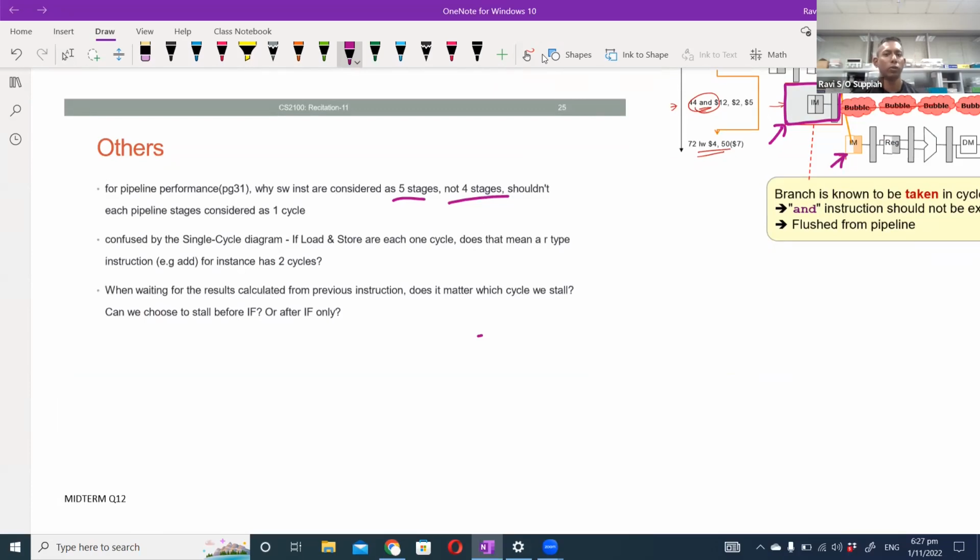That is why we have to consider all 5 stages. Even if your instruction only has 4 stages, since a single cycle has instructions with 5 stages, we need to factor in that worst case scenario. So we use that in determining the cycle.